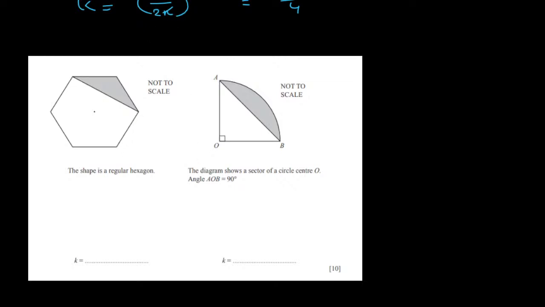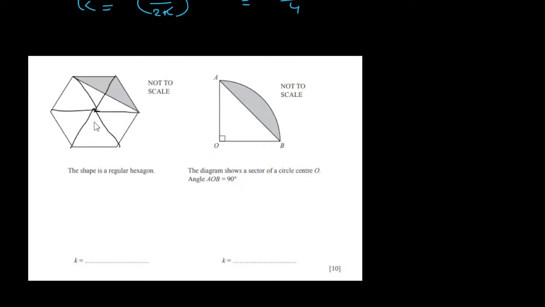Now in case of a regular hexagon, if I join this point, this point, this point, this point, this point, and this point, I will get six equilateral triangles.